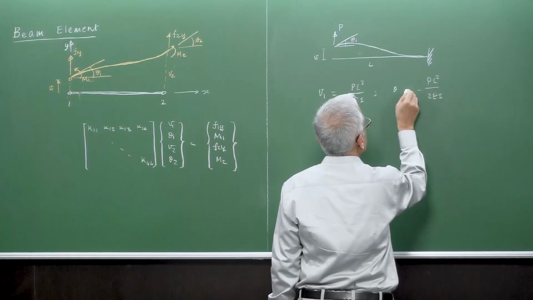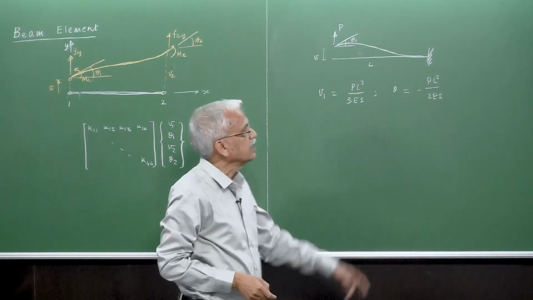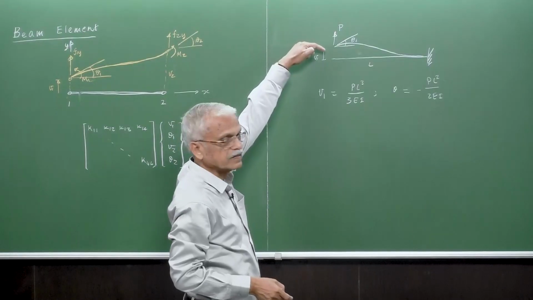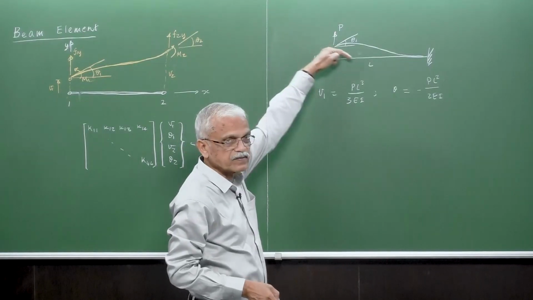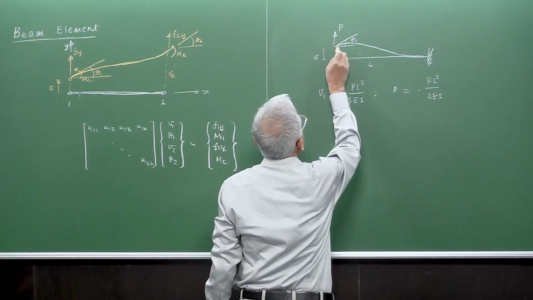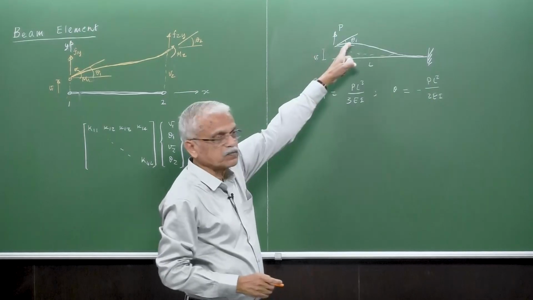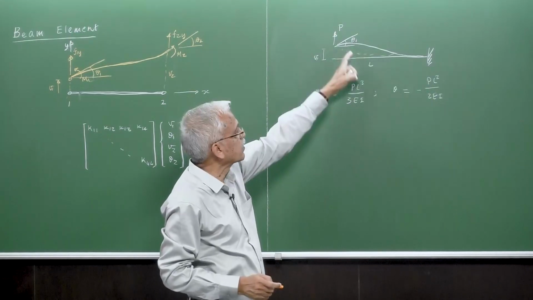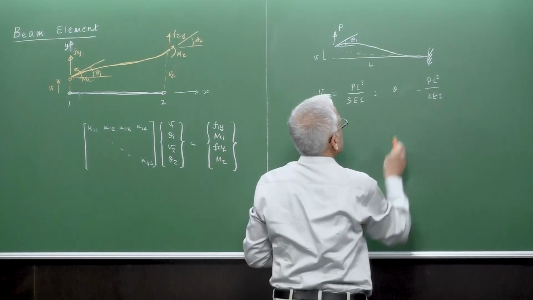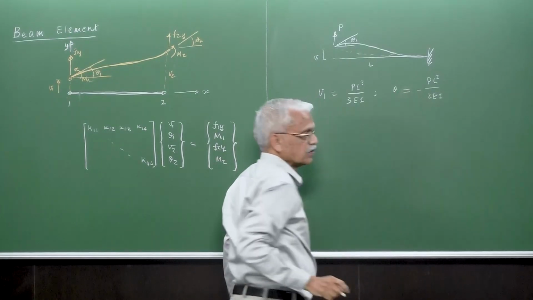I'll have a negative sign here, in the sense that in actual reality the curve of the shape of the beam would have been like this, right? Like this, if you recall. However, since we are showing theta 1 in the positive direction, we are going to give a negative sign for this one.